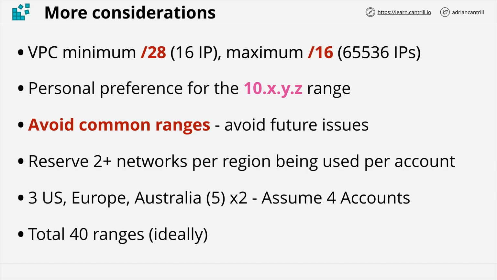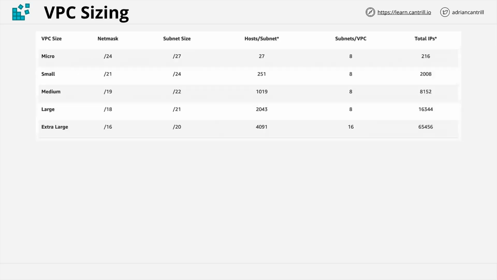Before I elaborate more on that plan though, let's think about VPC sizing and structure. AWS provide some useful pointers on VPC sizing, which I'll link to in the lesson text, but I also want to talk about it briefly in this lesson. They define micro as a /24 VPC with 8 subnets inside it.